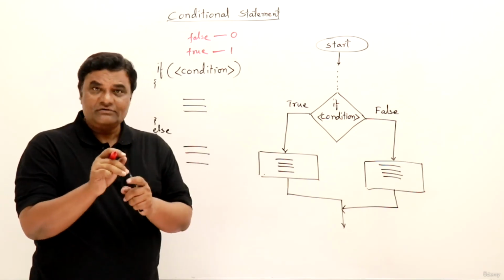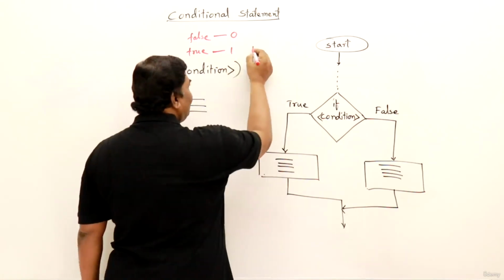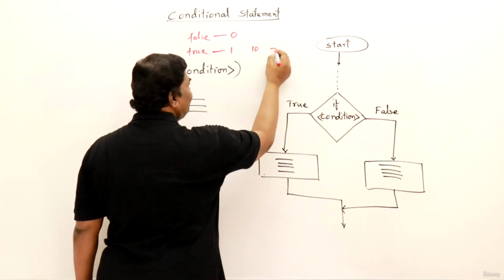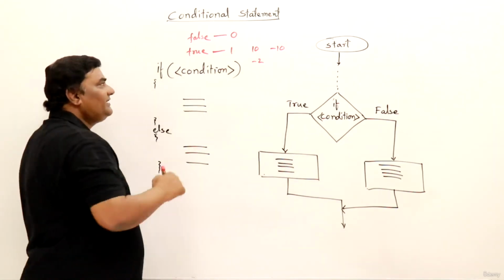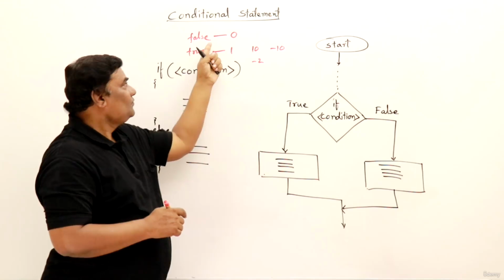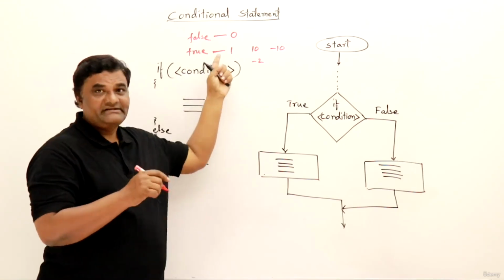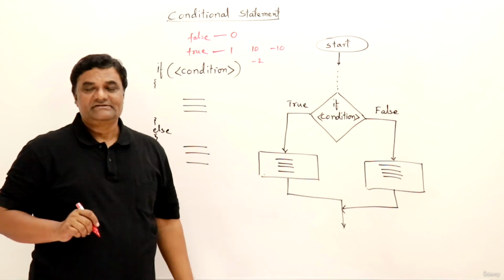It only checks whether it is 0, then false; otherwise, true. So instead of 1, if I write 10, then it is also true. Minus 10 is also true, minus 2 is also true. Whatever number you take, it is true. So you can write true and false like this, or you can also use 0 and 1 in C++.